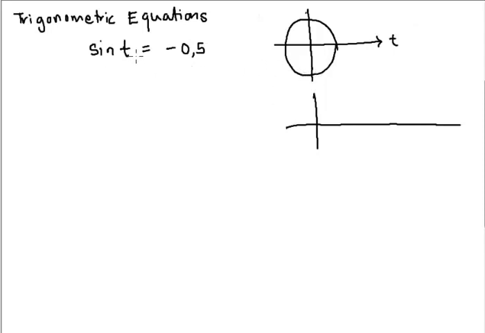We now put the equation sine equal to minus 0.5. Now, first of all, we know that sine is negative. The ratio is negative where the angle is in the third quadrant and in the fourth quadrant. So I'm actually talking about an angle whose arm is somewhere there or there.